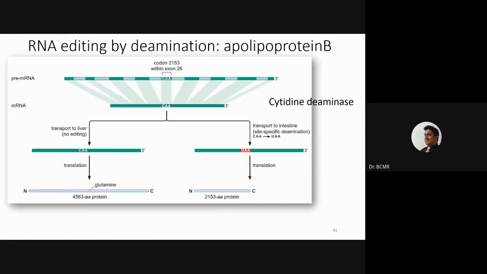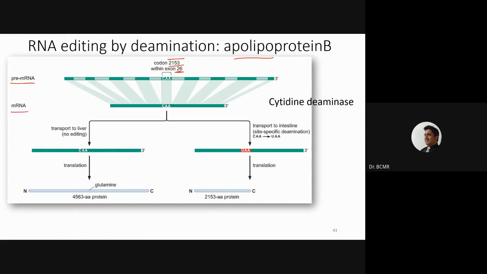Here is apolipoprotein, which is involved in lipid transport within our body. It has so many exons, and in exon 26 there is a codon, codon number 2153.